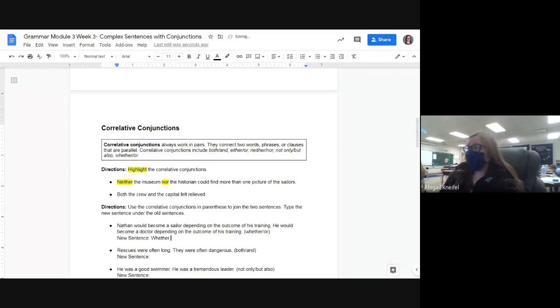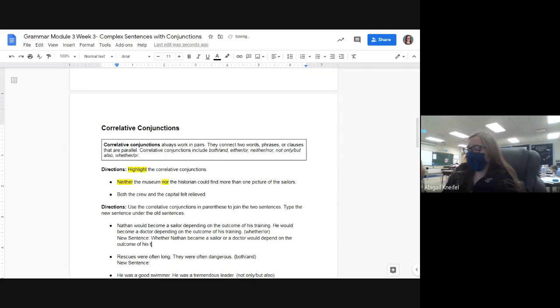Whether Nathan became a sailor or a doctor would depend on the outcome of his training. Okay, so I combined 2 long sentences into 1 sentence. So that's how you would write that one.